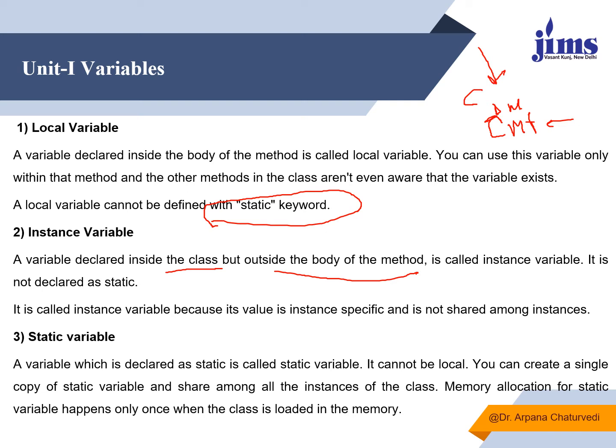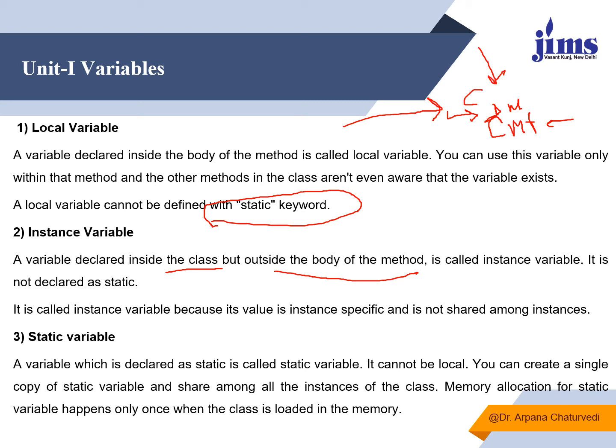It is called an instance variable because its value is instance specific. Whenever you instantiate an object of this class, only then are you going to access all these variables. And you cannot declare these instance variables as static.